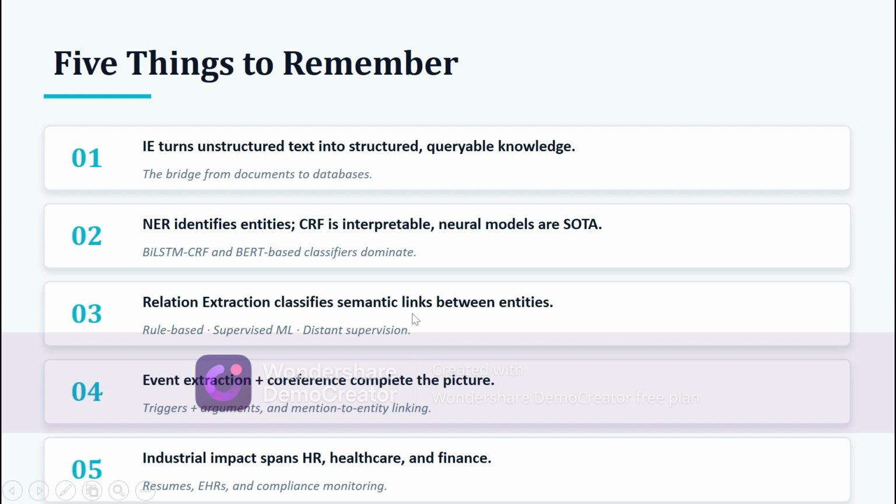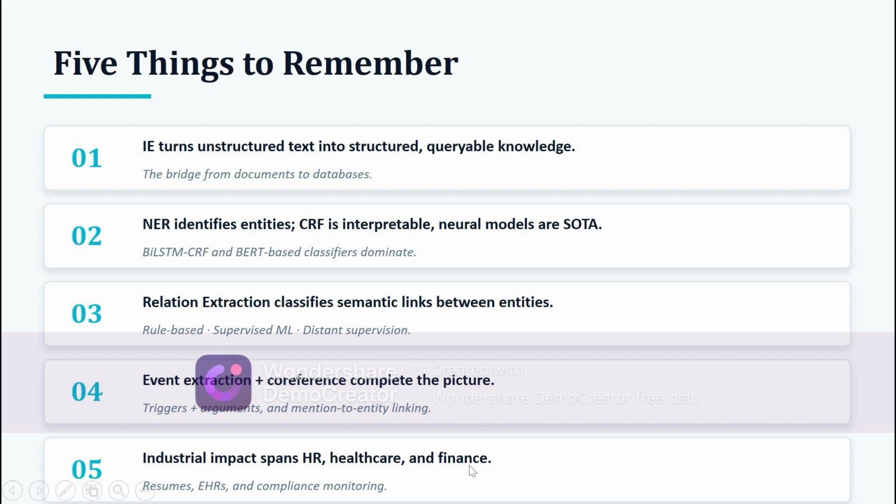Third, relation extraction classifies the semantic links between entities, and there are three main approach families: rule-based, supervised machine learning, and distant supervision. Fourth, event extraction and coreference resolution complete the picture by linking mentions to entities and structuring events with their arguments.